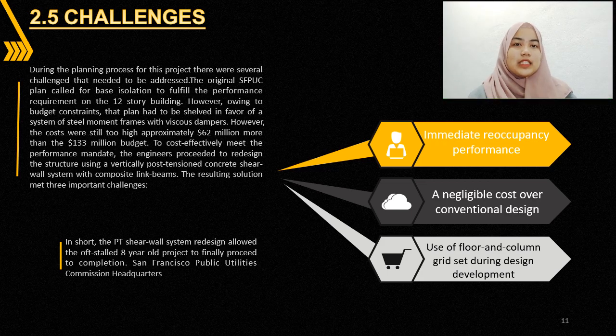The engineers proceeded to redesign the structure using a vertically post-tensioned concrete shear wall system with a composite link beam. The resulting solution met three important challenges. That is, immediate occupancy performance, negligible cost over conventional designs, and use of the floor and column grid set during design development.